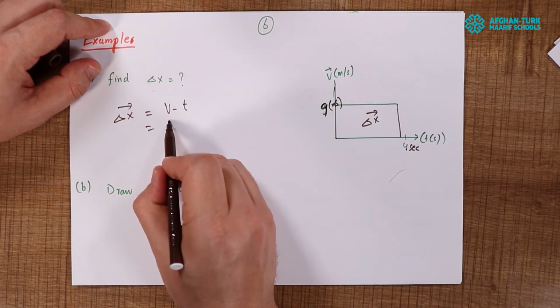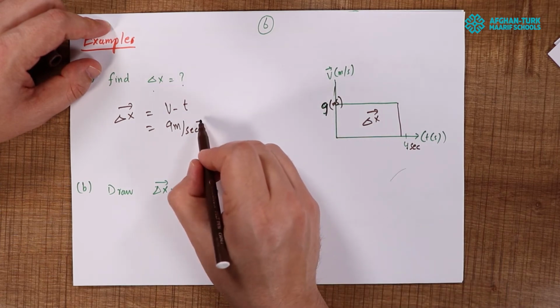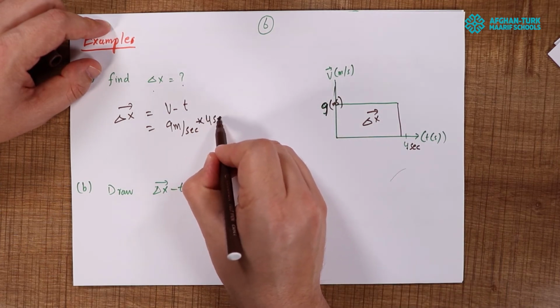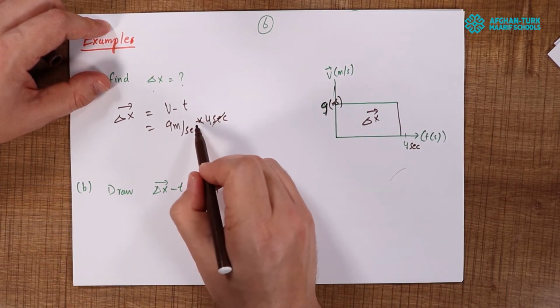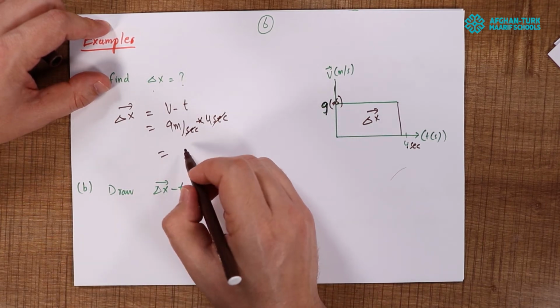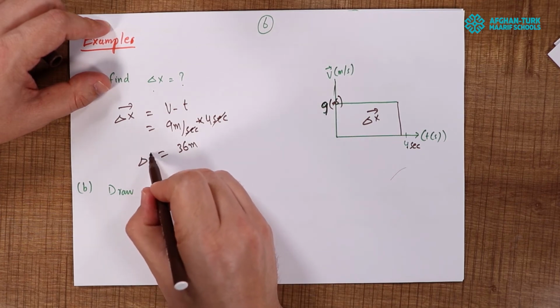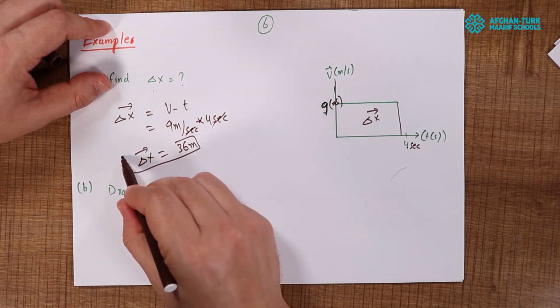So now the velocity is 9 meter per second, multiplied by 4 second. So second will be cancelled with second. So 9 multiplied by 4 is equal to 36 meter. This is delta x.